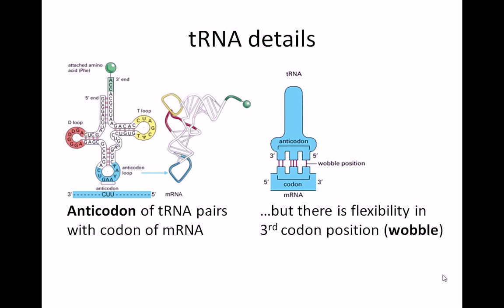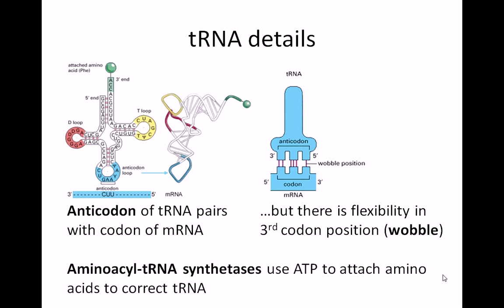This phenomenon is known as wobble and explains the redundancy of the genetic code. Multiple codons can pair with a single anticodon, so multiple codons can code for a single amino acid. Enzymes called aminoacyl tRNA synthetases use ATP to attach amino acids to the tRNA with the correct anticodon.